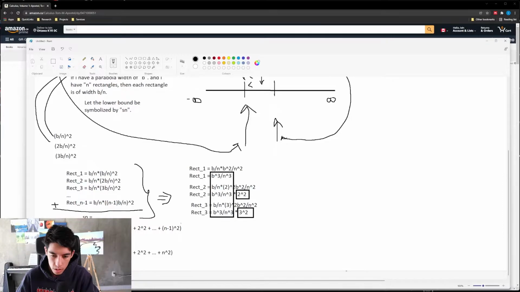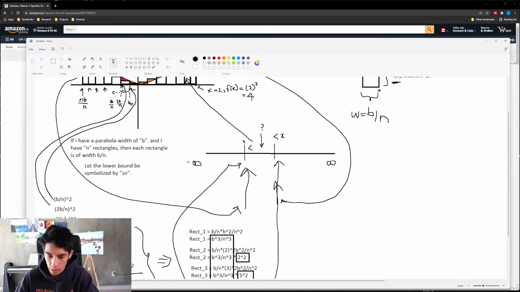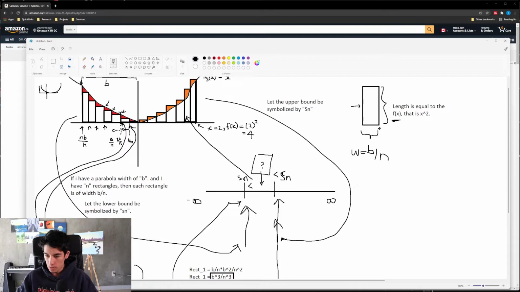So this thing is this number, and this thing is this number right here, our lower bound and our upper bound. And so we still want to know what this is. We can formalize this instead of drawing it as all squiggly lines, as something that looks like this.